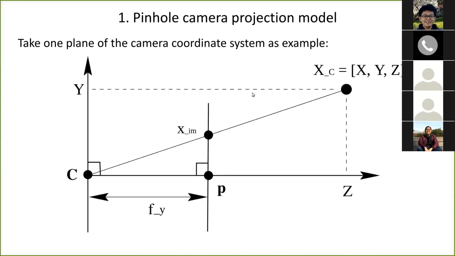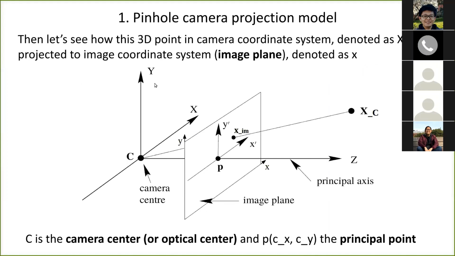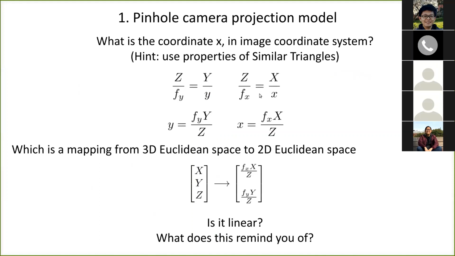And for the other plane, ZCX, which is similar to the plane ZCY, we have another relationship for that side. Okay, so then we'll have y equals Fy multiplied by Y over Z, and similarly x equals Fx multiplied by X over Z.